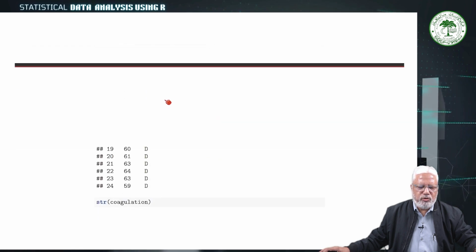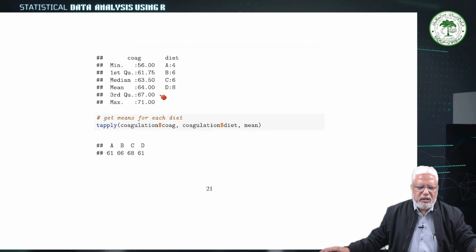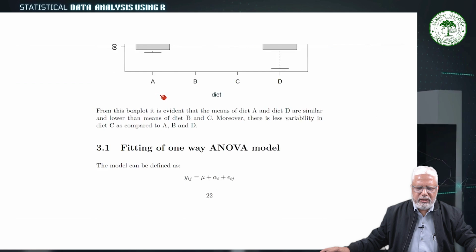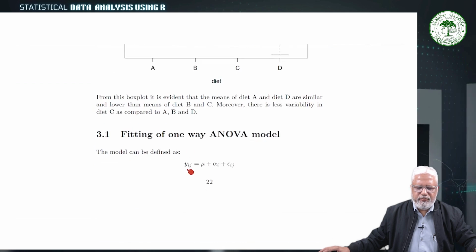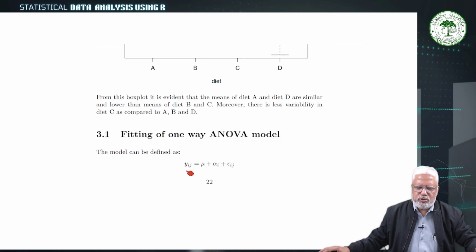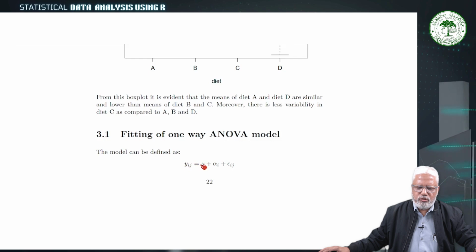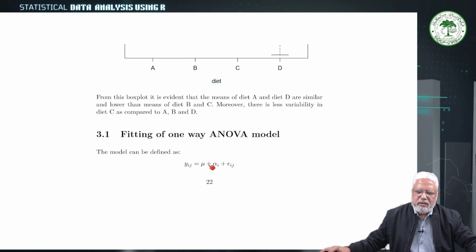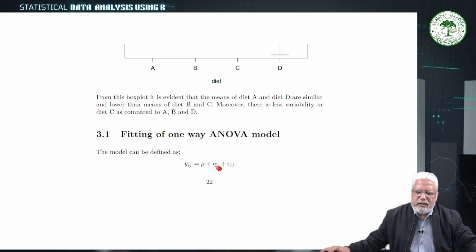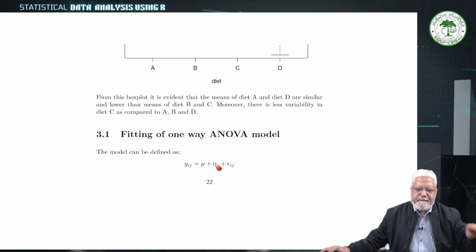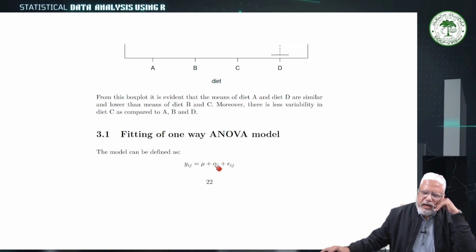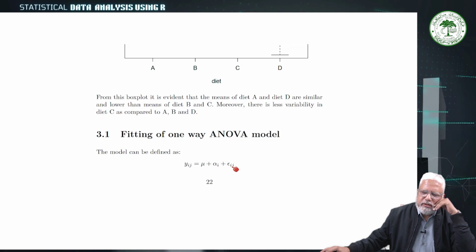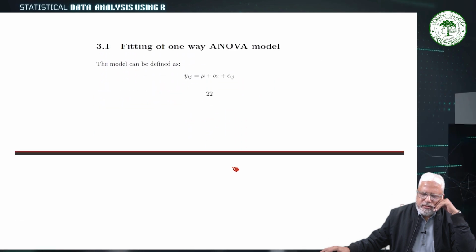The model can be defined as Yij, the response coagulation time, is equal to mu, where mu is the overall mean, plus alpha i, the effect of the ith diet, plus Eij, the random error part.